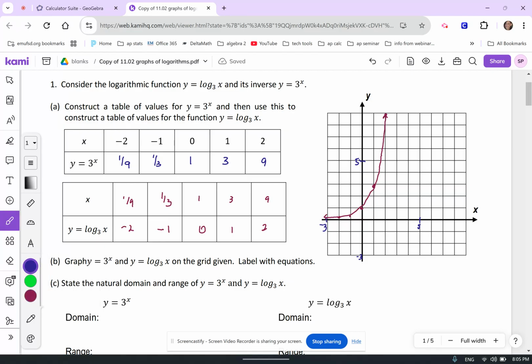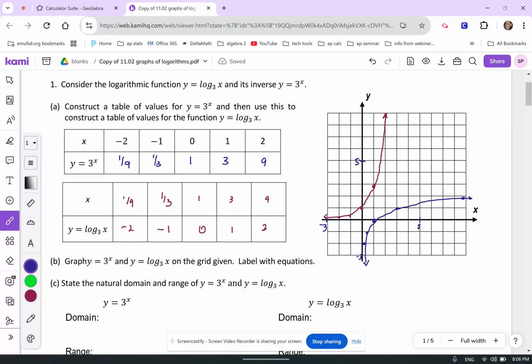And let's go ahead and graph this. So this would be 1/9 and negative 2, and 1/3 and negative 1, and 1, 0, and 3, 1, and 9, 2. And it's a nice smooth curve.